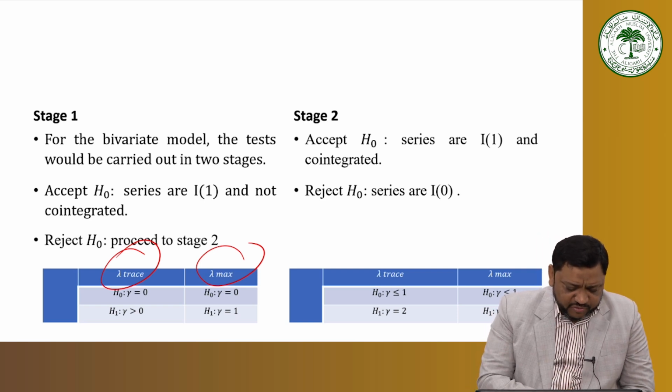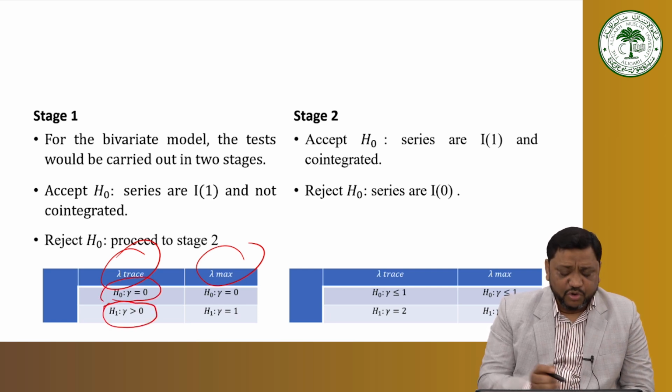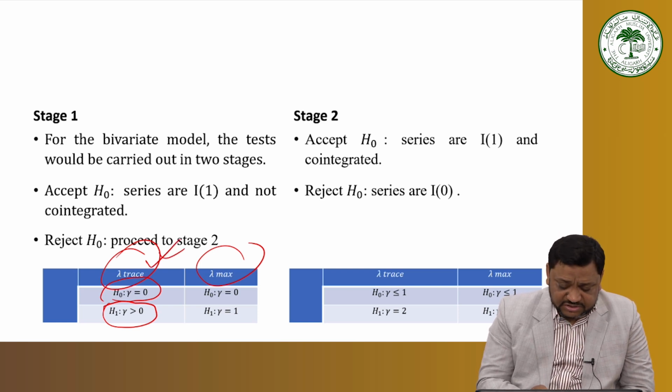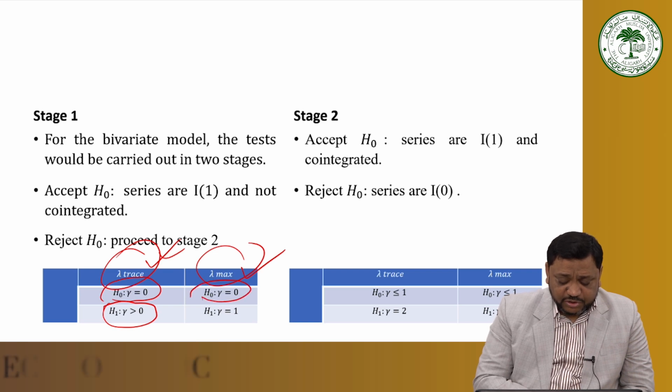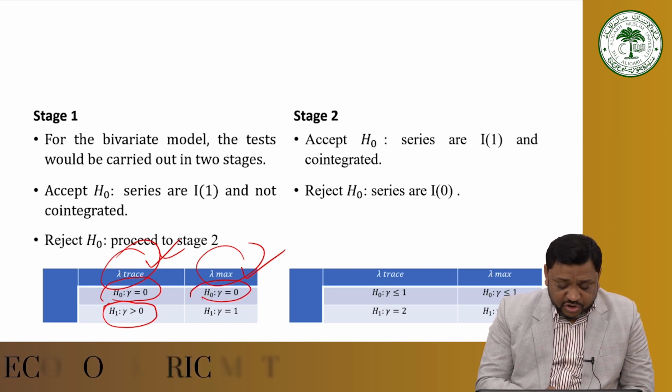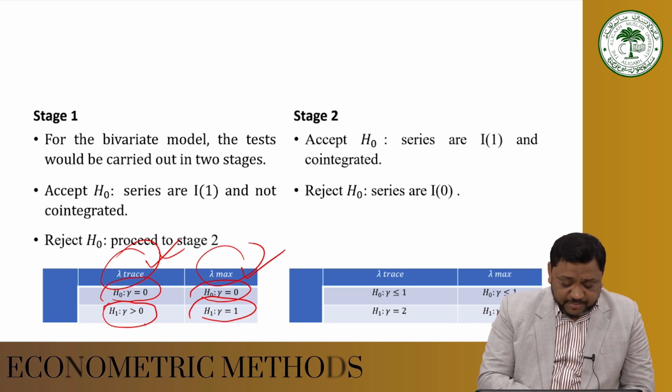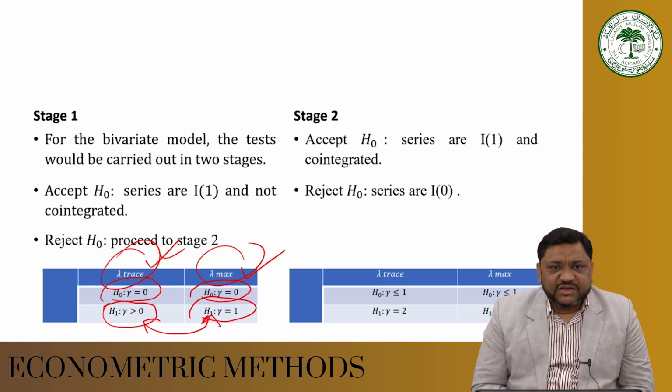Here, H naught: gamma is equal to 0, H1: gamma is greater than 0 for the trace statistic, and for the maximum eigenvalue, the null hypothesis is gamma is equal to 0, and H1: gamma is equal to 1. So there is a bit of a difference between trace statistic hypothesis testing and max eigenvalue hypothesis testing.